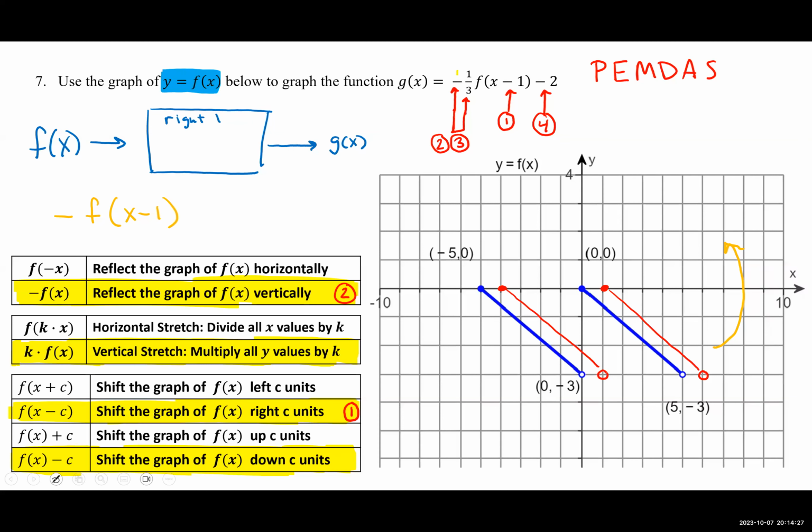So this red open circle right here on the bottom left, that's the point 1, comma, -3. So that's going to reflect up to 1, comma, +3.